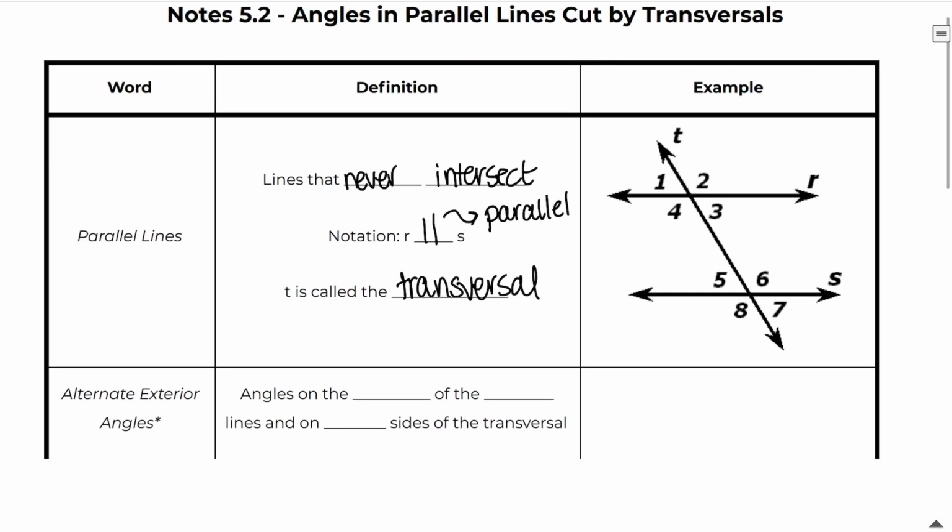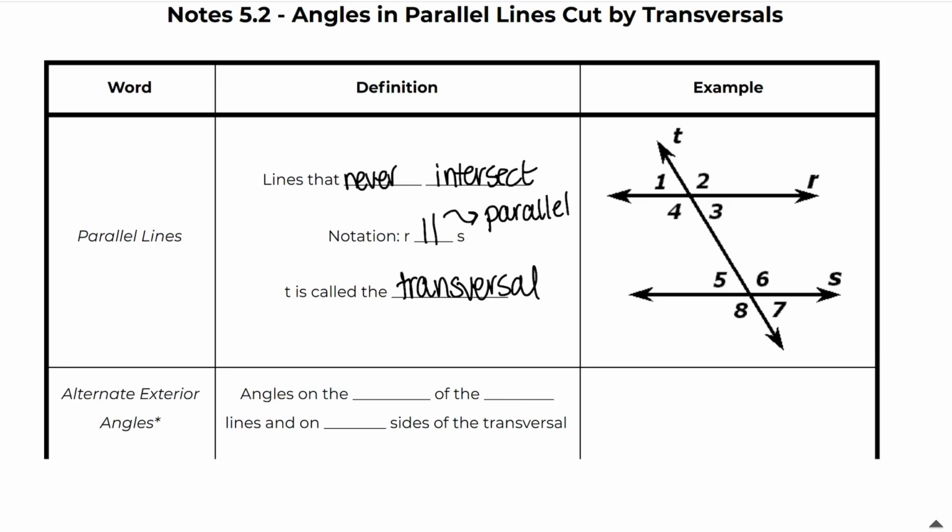The first thing I want to talk about are what alternate exterior angles are. But first we have to identify what exterior angles are. Imagine if you were to have a sandwich. The exterior of your sandwich is the bread, and the interior of your sandwich is whatever's in your sandwich. Let's say it's a peanut butter and jelly sandwich, for example.